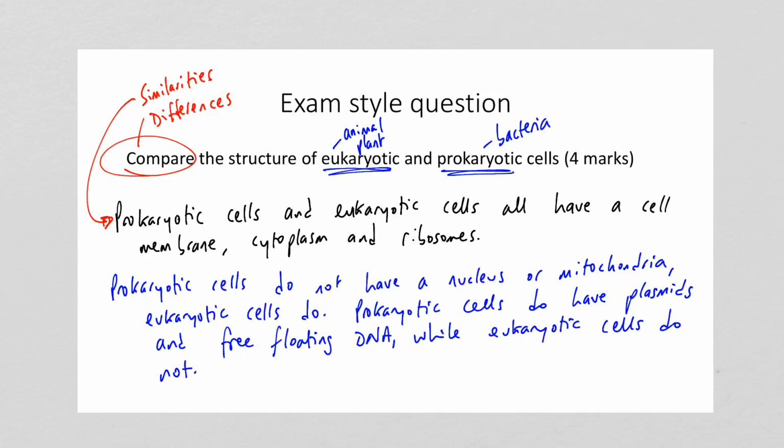You could talk about the fact that prokaryotic cells are much smaller than eukaryotic cells, but these will get us the marks here. So we've talked about similarities, we've talked about differences, we have done a comparison.